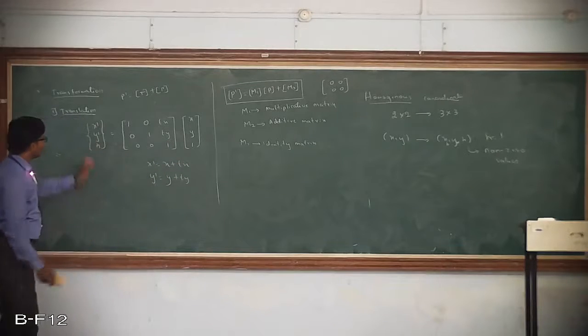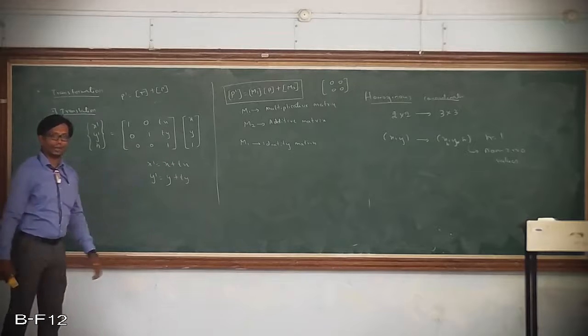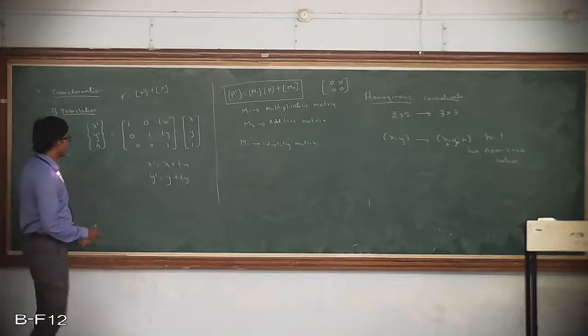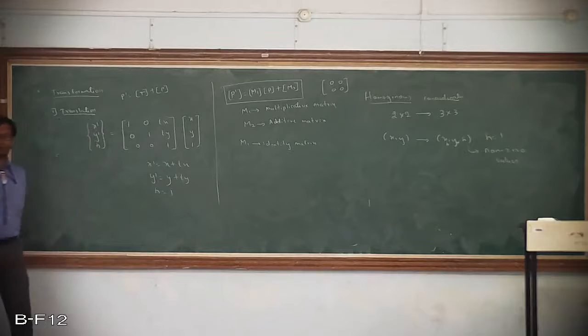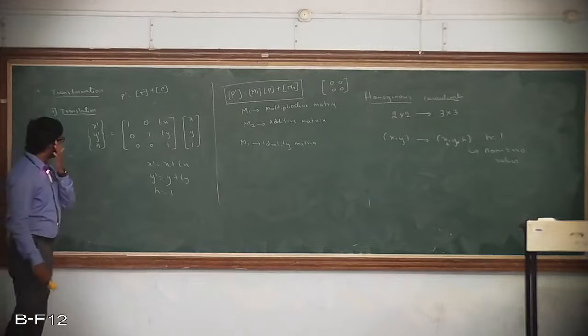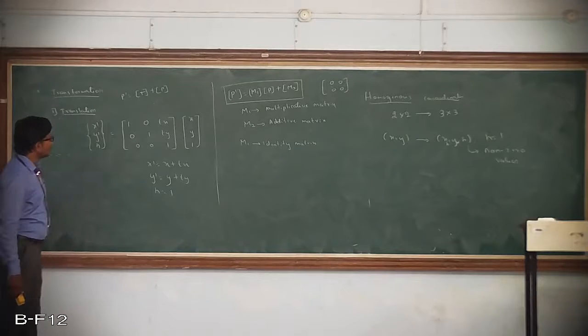As h is a dummy parameter, we need not calculate it, or you can keep it as h equal to 1. It will already be there. So this is how we write homogeneous coordinates. Homogeneous coordinates for translation will be like this.